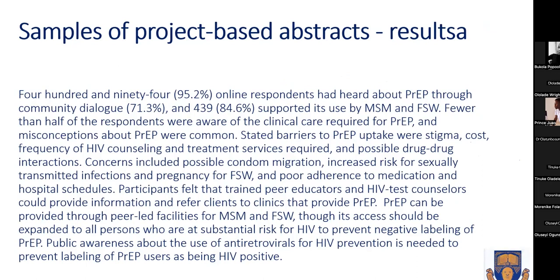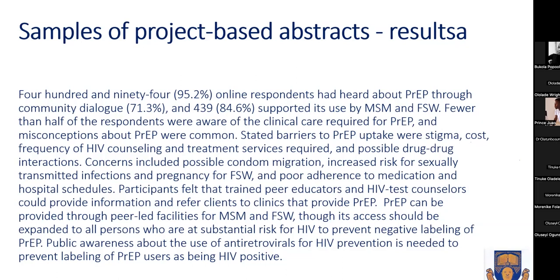So its results. 494 online respondents had heard about PrEP through community dialogue, and 439 supported its use. Fewer than half of the respondents were aware of clinical care required for PrEP, and misconception about PrEP was common.